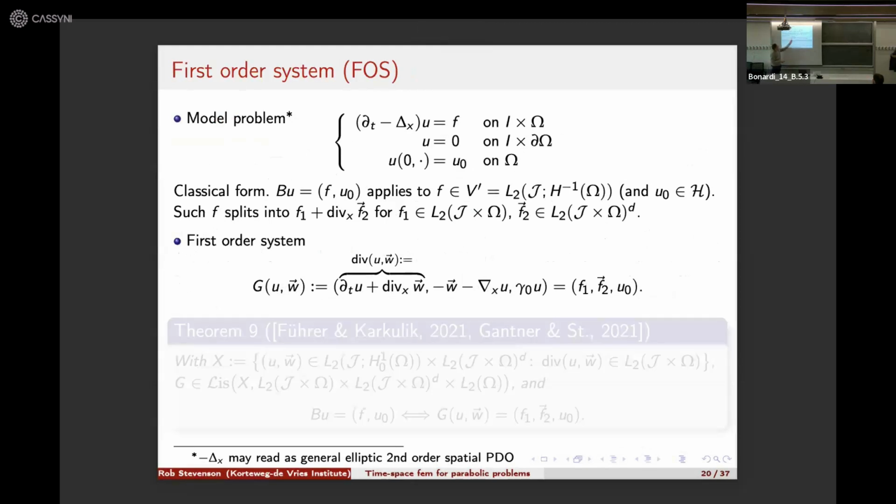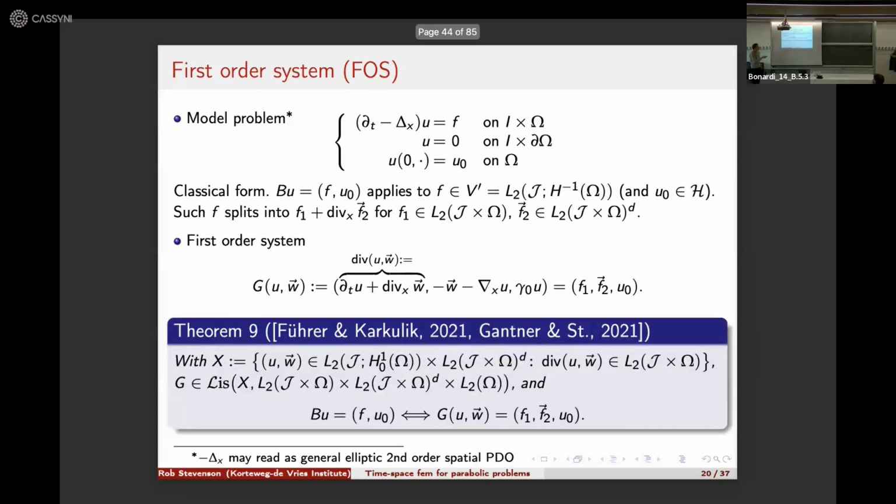Here. The partial derivative in time of u plus the spatial divergence of w, I denoted as the divergence of the pair, should be equal to f1. And so this is just a first order formulated parabolic problem.